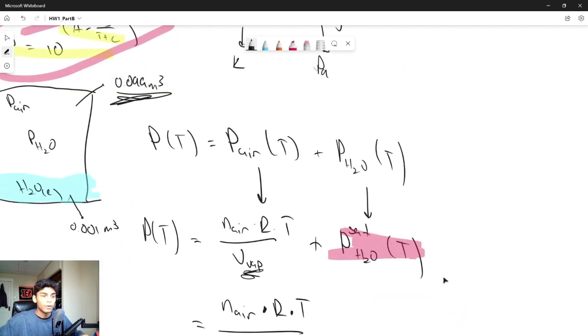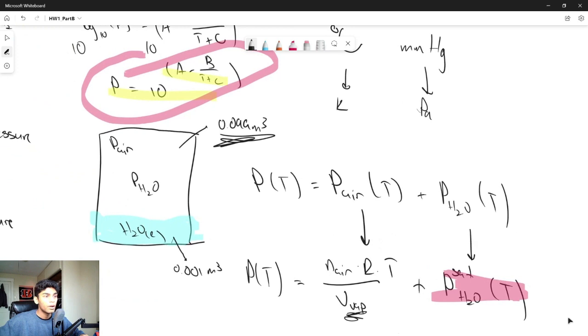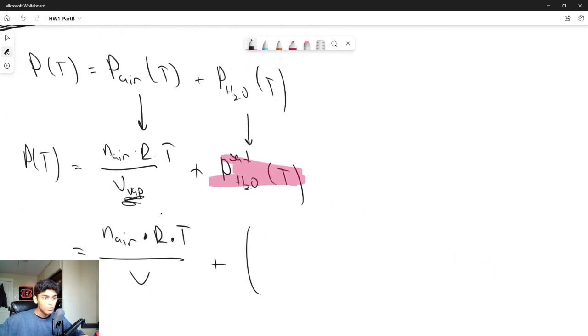I feel like that would be a better idea here. We have that. So now we are going to put this in brackets, to make it a little bit easier. So 10 to the A minus B over T plus 273.15 plus C.